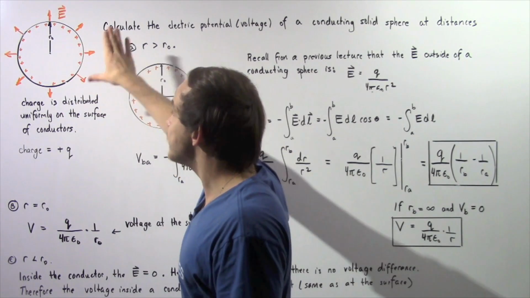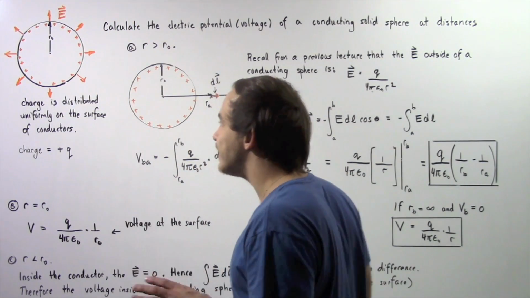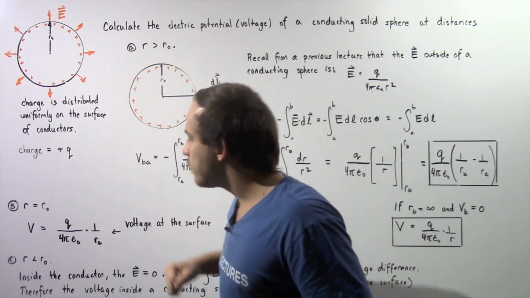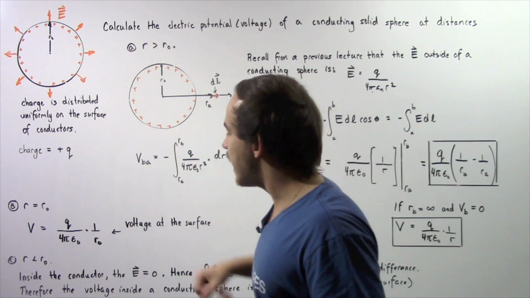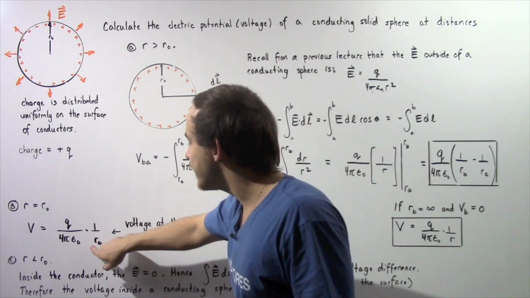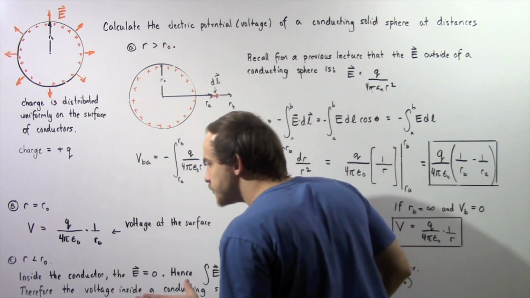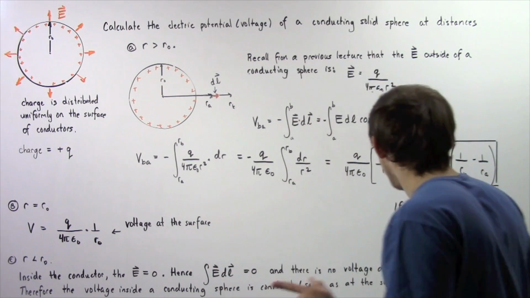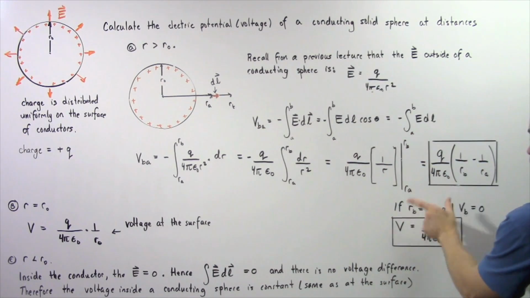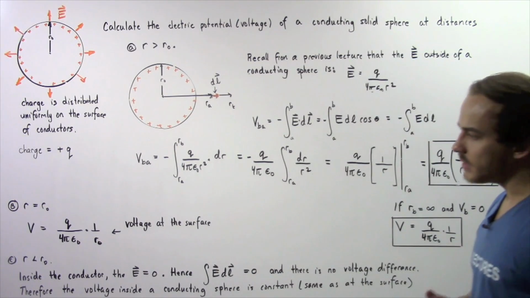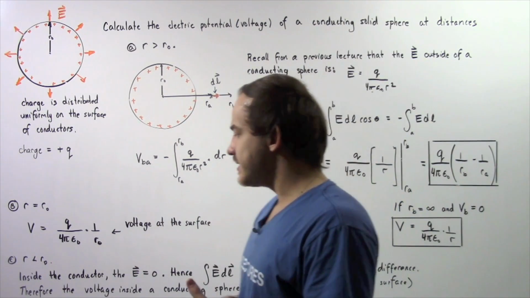So, the voltage on the surface of our solid conducting sphere is equal to Q divided by 4 pi multiplied by epsilon naught multiplied by 1 divided by R naught. So this is the voltage on the surface as long as we assume that at an infinitely far distance away, the voltage is 0. So, let's move on to part C.